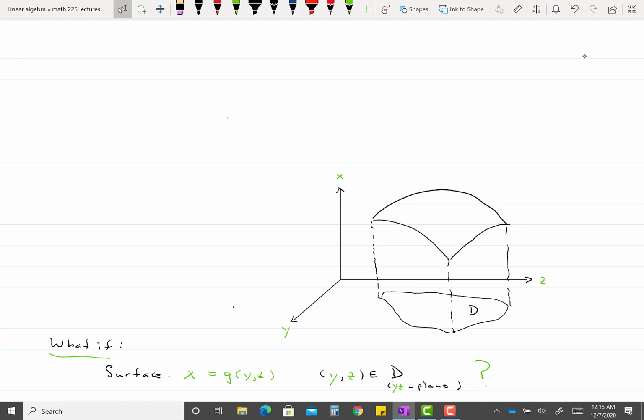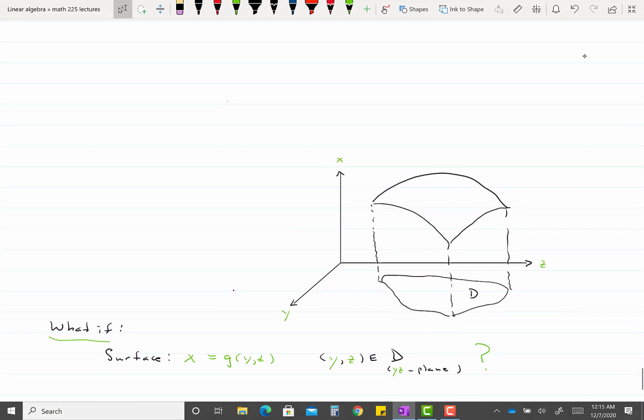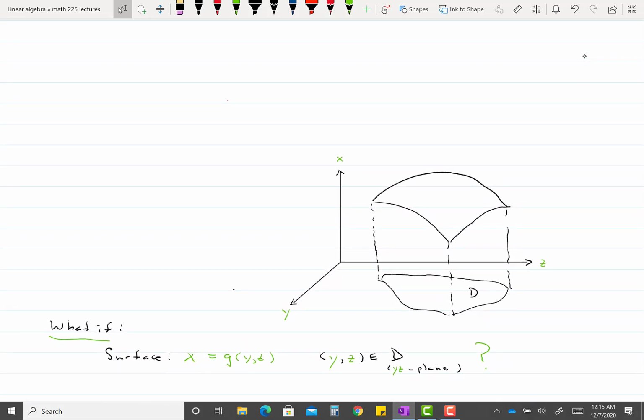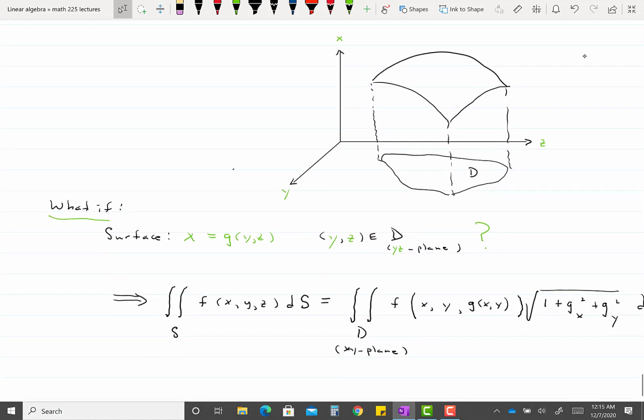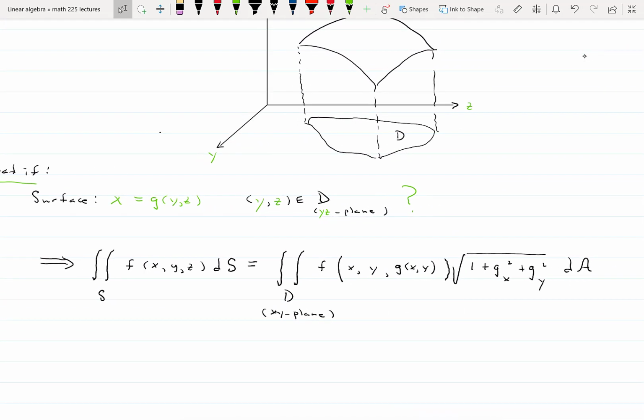But what if x is a function of y and z, where y and z come from a domain D in the yz plane? There's not much to worry about here. We're going to make an alteration to our surface area. You're going to make that alteration right in front of your eyes here.